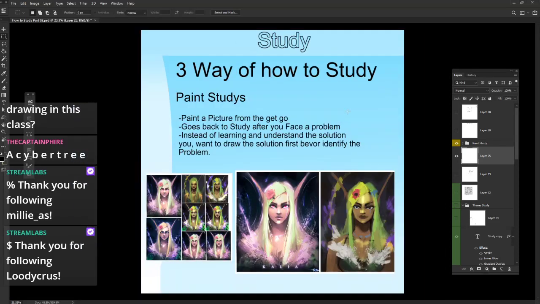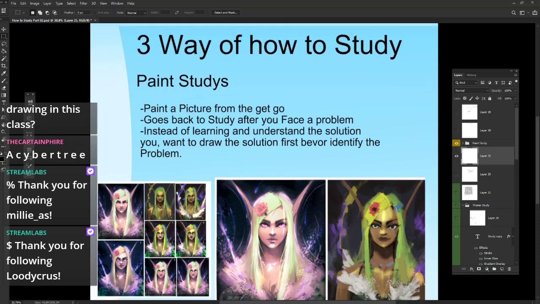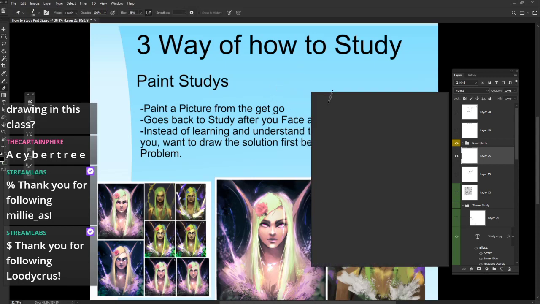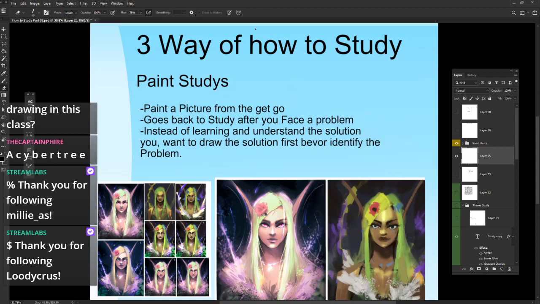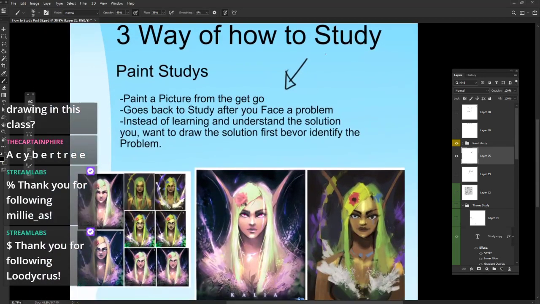So basically that is how paint study works, but to make it even more understandable, paint a picture from the get-go. For example, I draw, and then I have a problem. Now I need some reference, because this is based on imagination sometimes. I always do imagination paintings. Then after it, I need a reference. Okay, nice. So this is the ref.